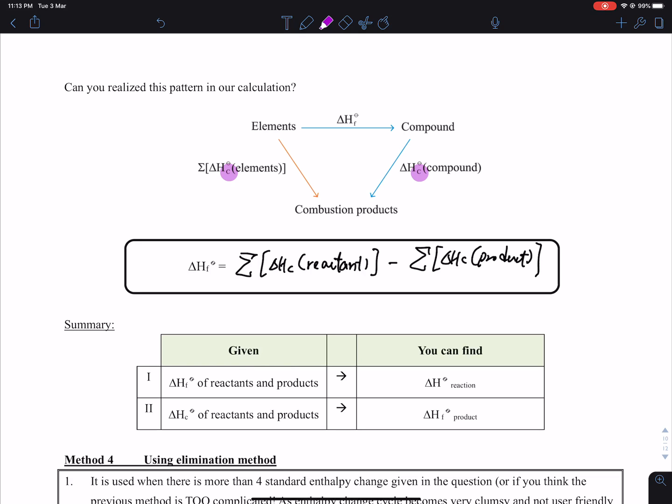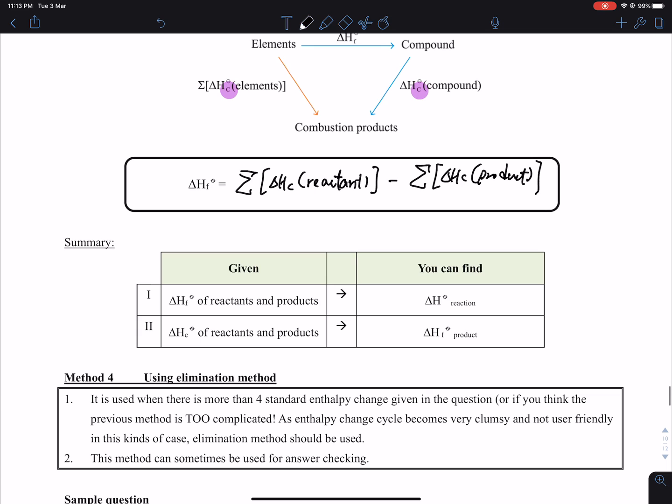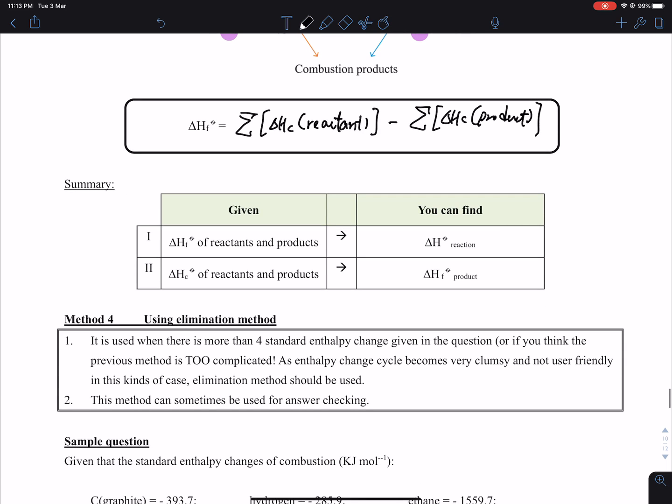Do not mix up. This method helps you to check your answer in your calculation as well. And of course, it's a good way to solve some of the questions. Okay, this summary is not that important.